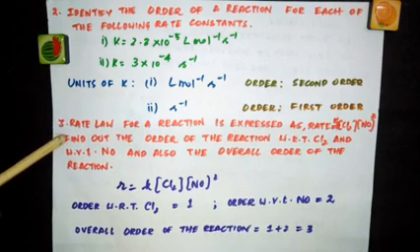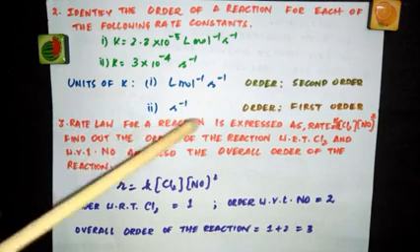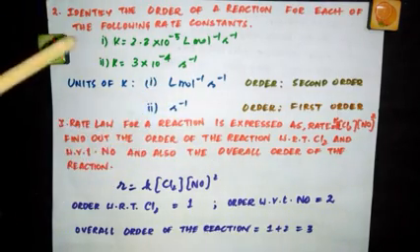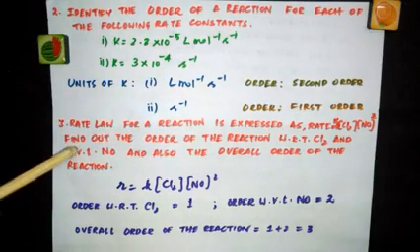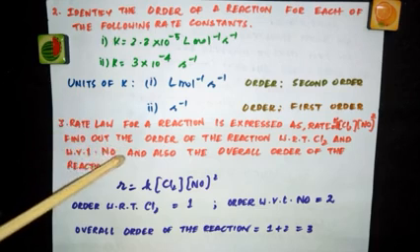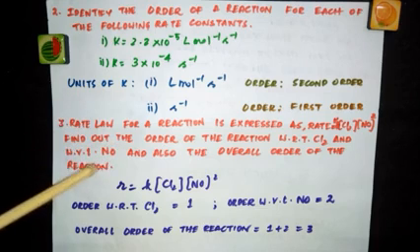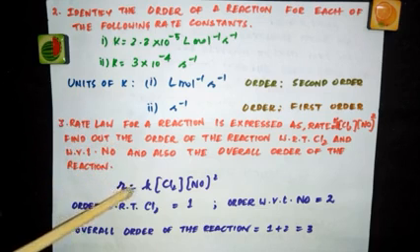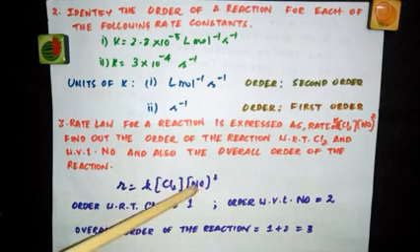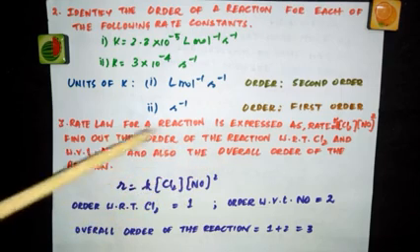Next one. Rate law for a reaction is expressed as rate is equal to K into Cl2 power 1 and NO power 2. Find out the order of the reaction with respect to Cl2 and with respect to NO, and also the overall order of the reaction. So what is given? Rate is equal to K into concentration of Cl2 power 1, concentration of NO power 2.